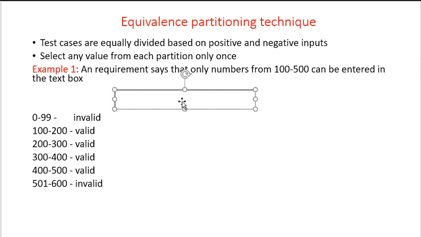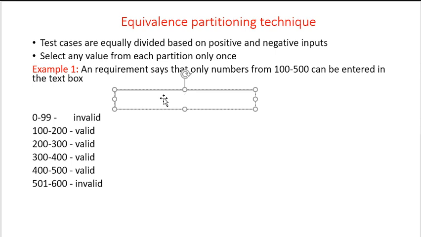If we enter a value from 100 to 200, for example 105, then 105 is a valid number and the system should accept it. Likewise, one value has to be selected from each partition, and any value entered between 501 to 600 is also invalid.